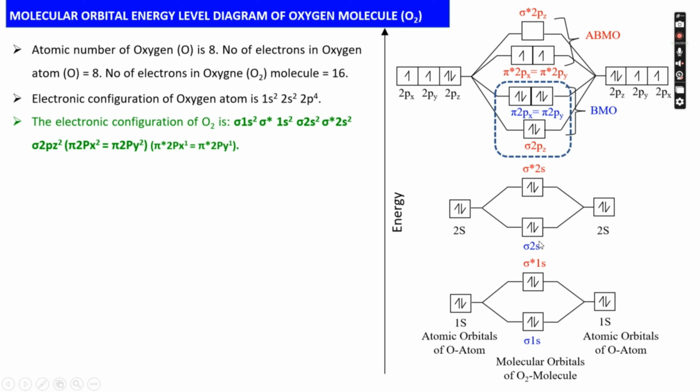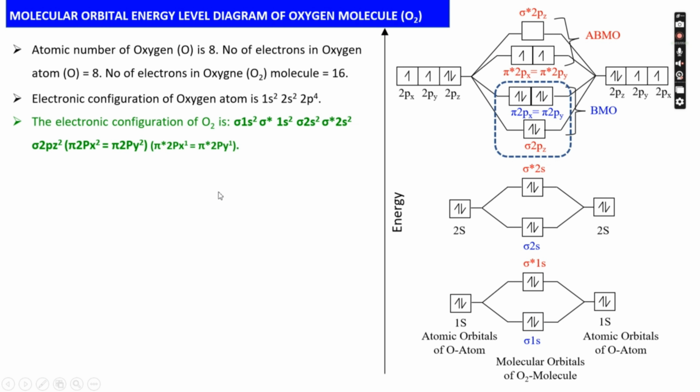Next energy level is sigma 2s, with two electrons, sigma 2s2. Next sigma star 2s2. After that sigma 2pz2. Next, pi 2px and pi 2py have two electrons each, therefore pi 2px2, pi 2py2, both having the same energy, so they should be written in brackets. After this, pi star 2px and pi star 2py molecular orbitals have only one electron each.